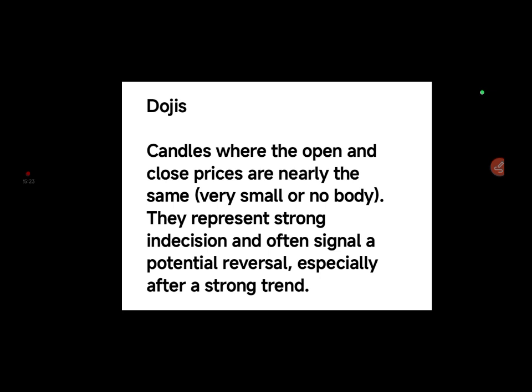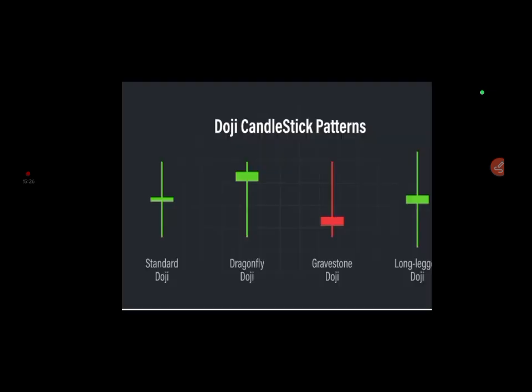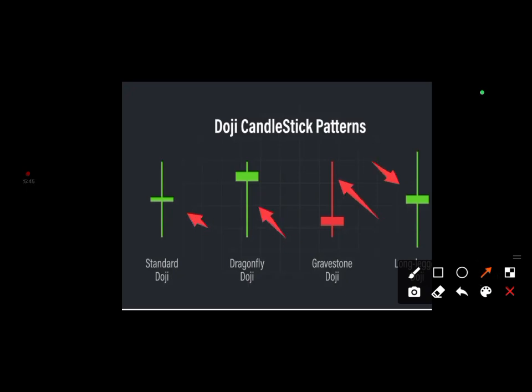Can you see now? It also signifies indecision. And these are the doji candle patterns that we have. They have many names, they have many types, but irrespective of them, they are still doji. You can see we have standard doji, we have dragonfly, just know their names. We have gravestone, they have many different names.